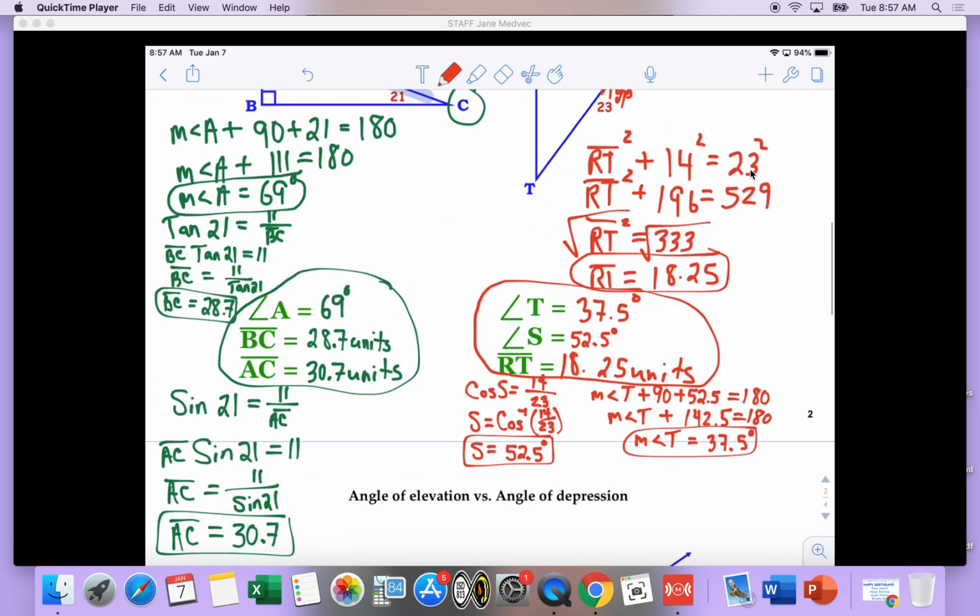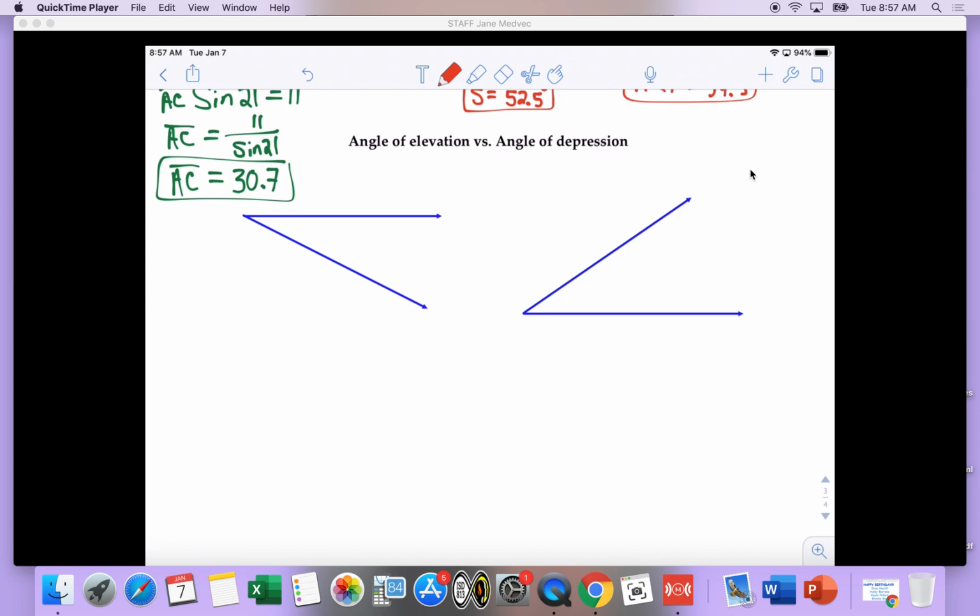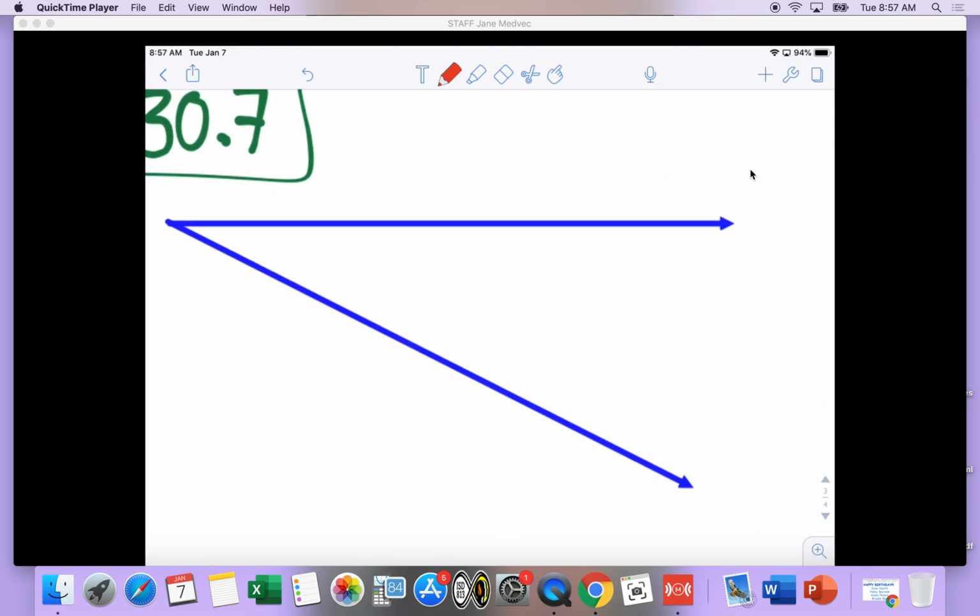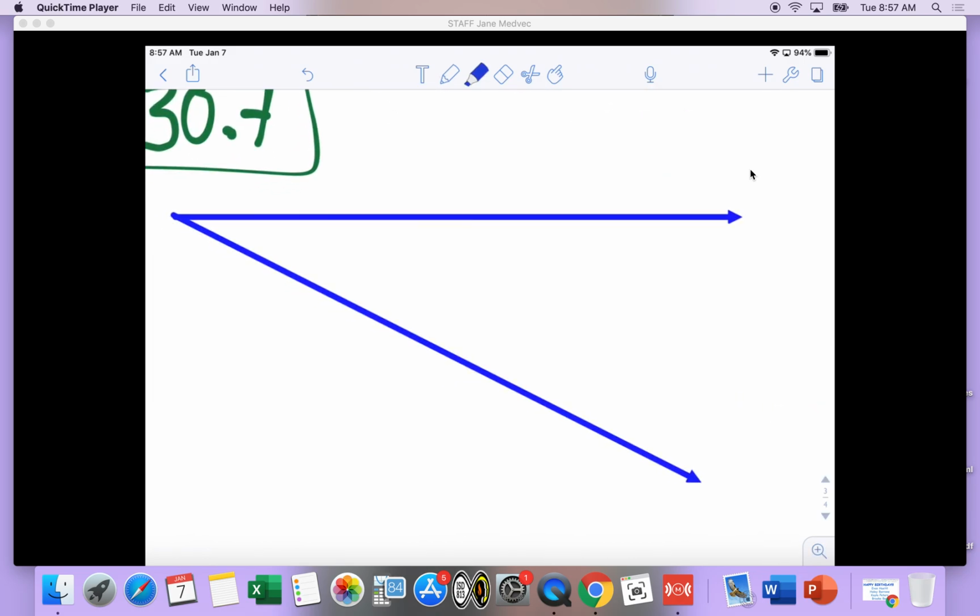All right. Couple of definitions talking about the angle of elevation and the angle of depression. Kind of depends on what you're looking at. So if I take a look at this one, you'll notice that this side right here would be parallel to the horizon. It's the horizontal line. And notice that to do this, I'm going down. Do you see that?